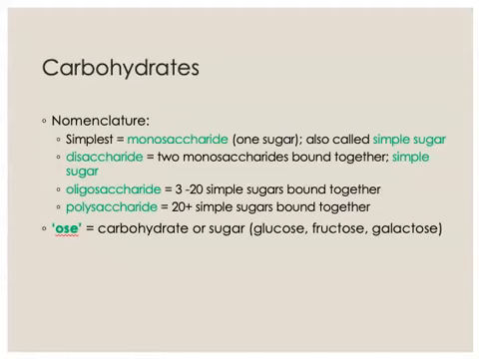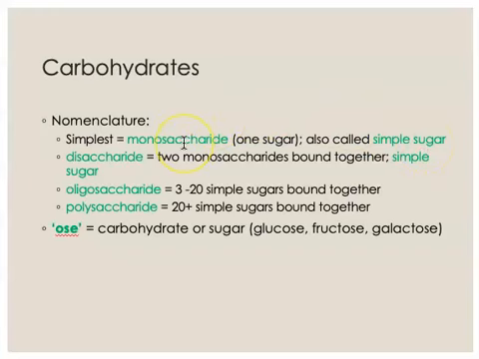The simplest form that a carbohydrate can take is called a monosaccharide. In other words, one, that's what mono means, one saccharide or one sugar. Something like glucose or galactose or fructose would be considered a monosaccharide. These are also sometimes referred to as simple sugars.